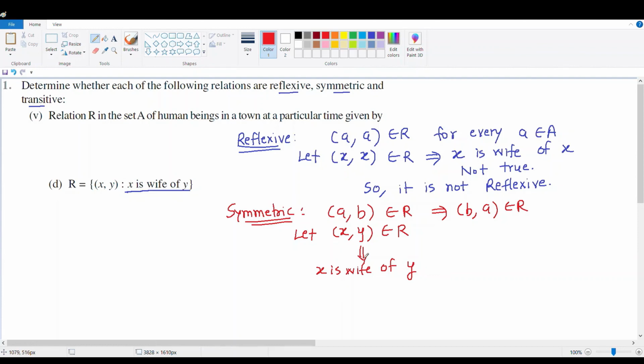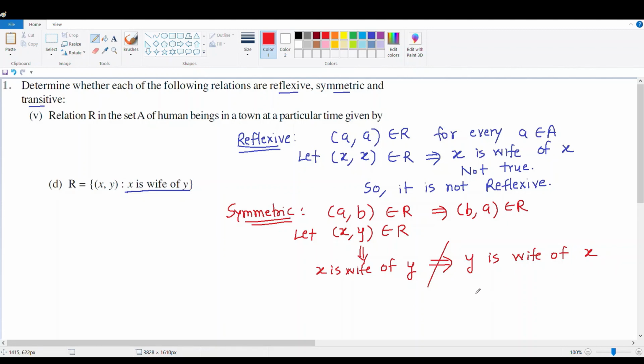If that is given, it is believable. They both are different persons, and if x is a girl and she is a wife of y, then yes, x is wife of y. But does that imply that y is wife of x? Nope. That does not imply that y is wife of x.